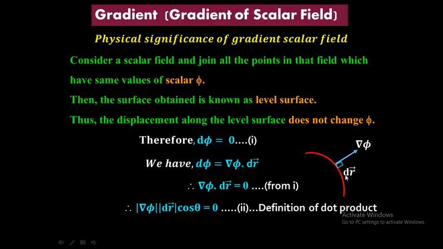If theta is 90, cos theta is 0, and the magnitudes of these vectors cannot be 0. The product of magnitudes is not 0, because cos theta is 0. So del phi into dr cos theta equals 0; suppose this is equation number 2.